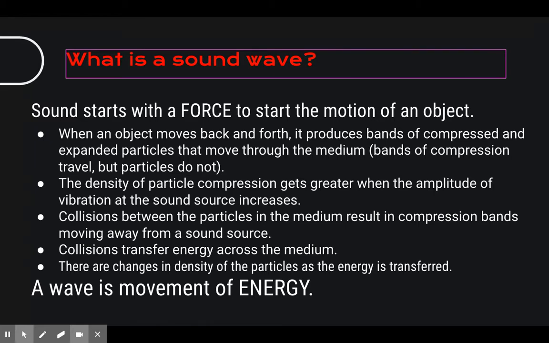When the amplitude of the vibration increases, the density increases, and then it releases. Collisions in the particles result in compression bands moving away from the sound source. The collisions transfer energy across the medium. A wave is a movement of energy.